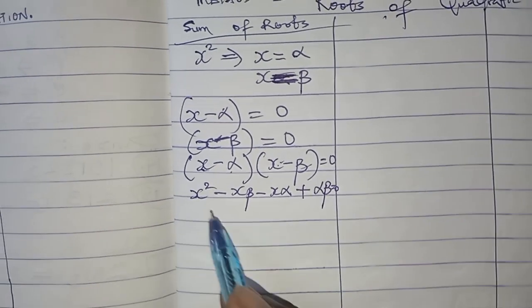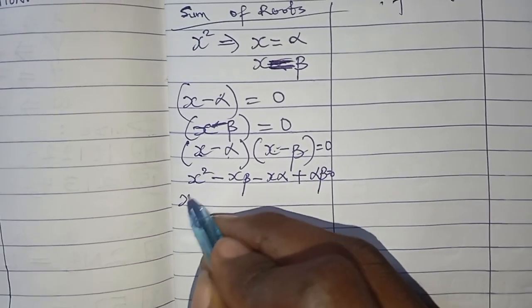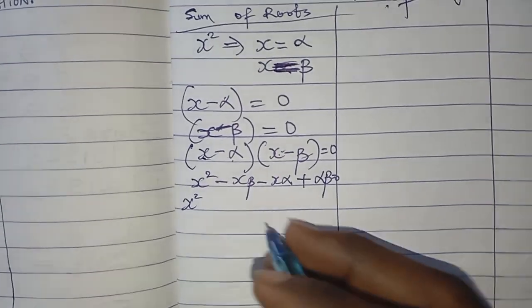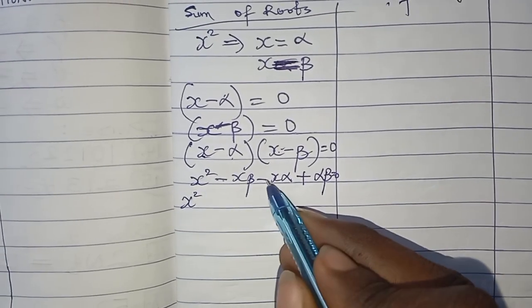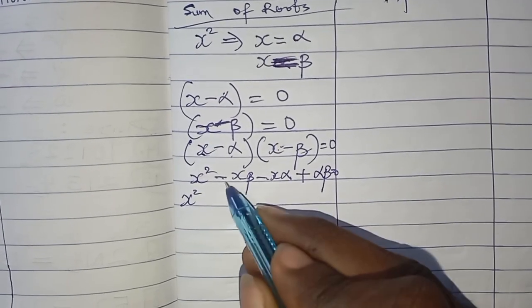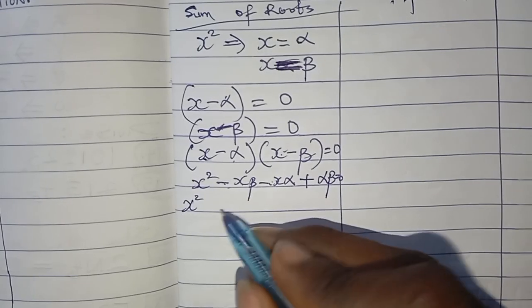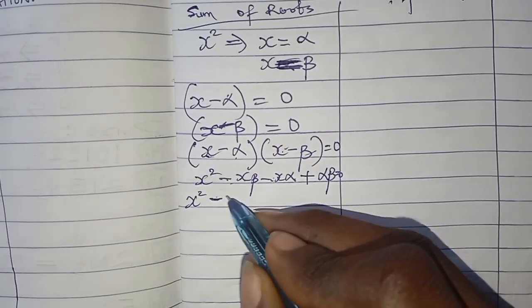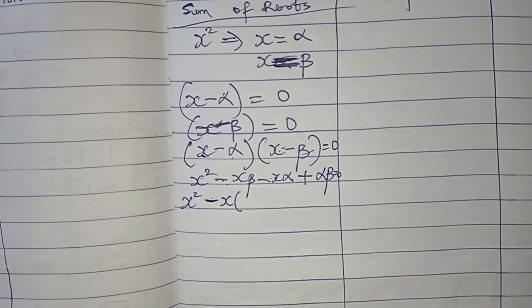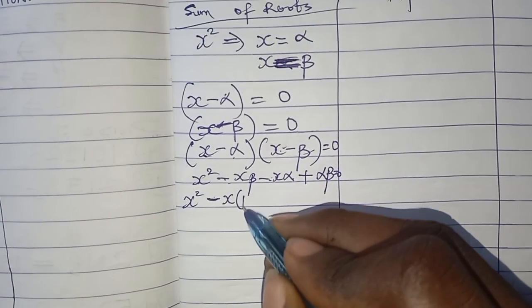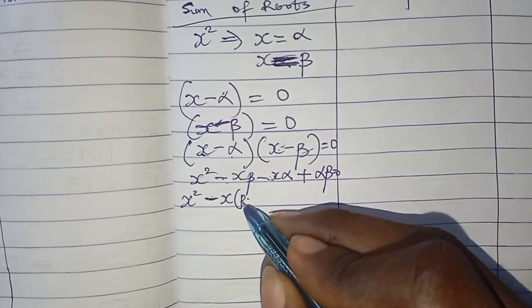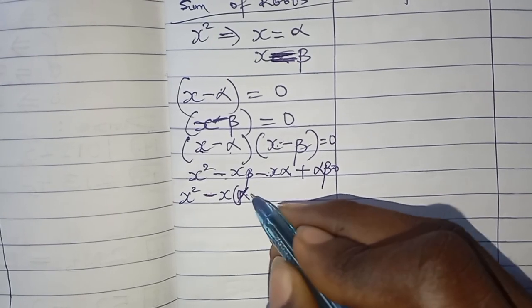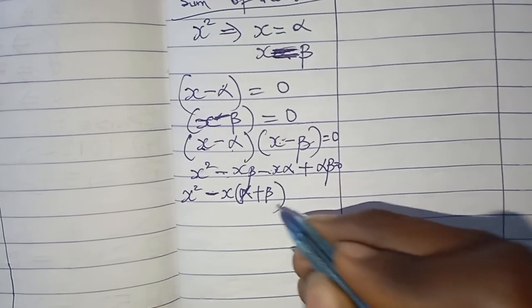So when you check this very well, you see that this can be factored out to be x squared. Then notice that I have minus here. Then I have x. They have something in common. So I can factor x out. So minus x into alpha plus beta.